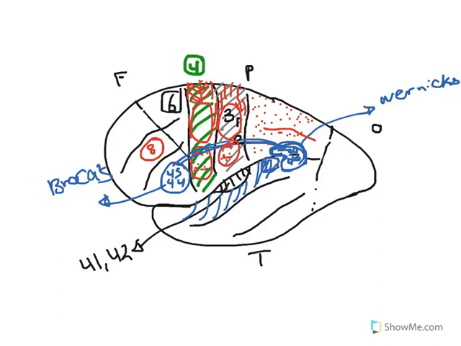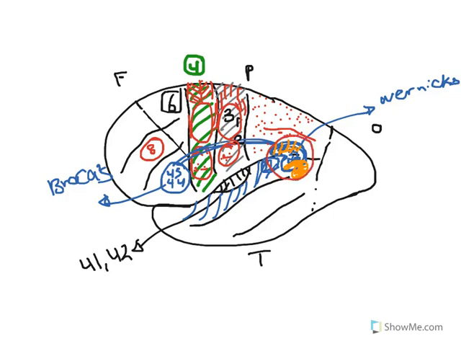The posterior end of this area in the superior temporal gyrus, and also this gyrus here, which is called the supramarginal gyrus, which lies in the inferior parietal lobule, and the gyrus just below it, which is the angular gyrus, around the posterior end of the superior temporal sulcus. So these three areas collectively are known as the Wernicke area, as we discussed before.